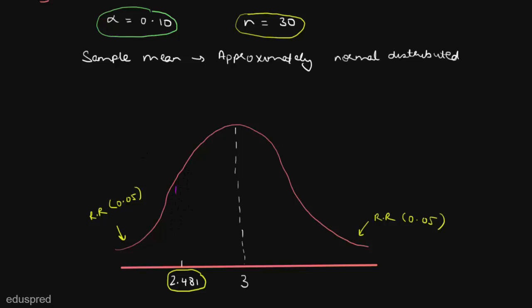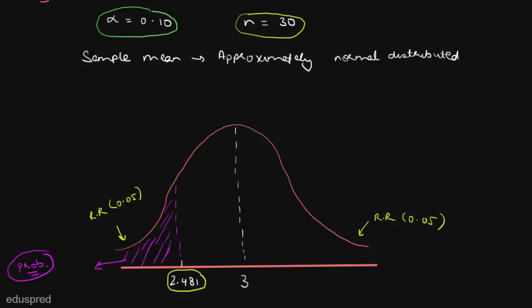So to find the p-value, we have to calculate the probability of this shaded region. And note that once we calculate this probability, it will not be our p-value. To find the p-value, we will have to multiply this probability by 2.